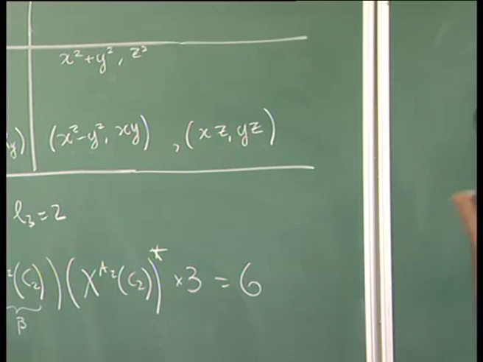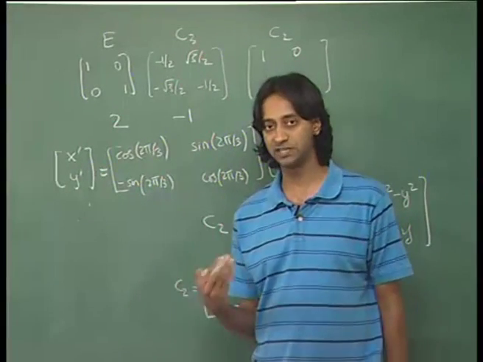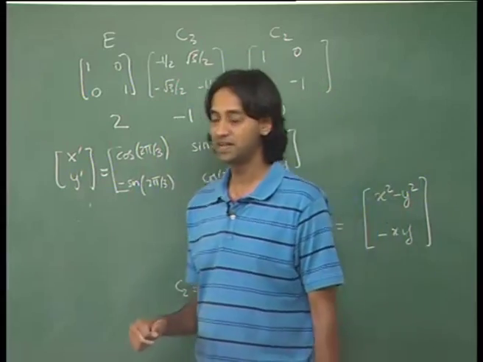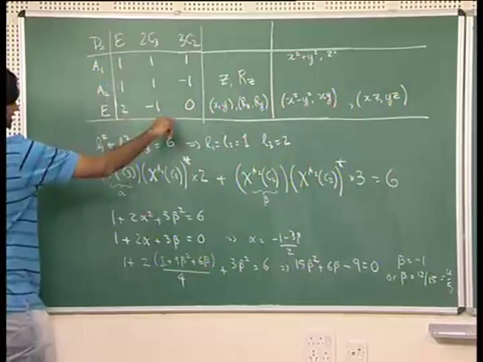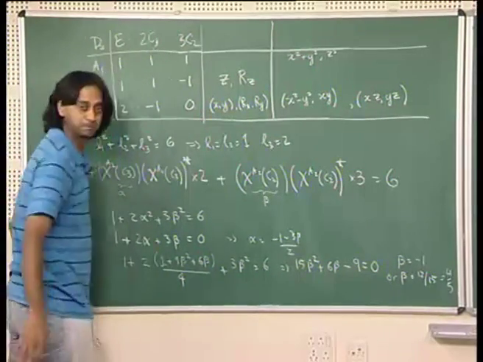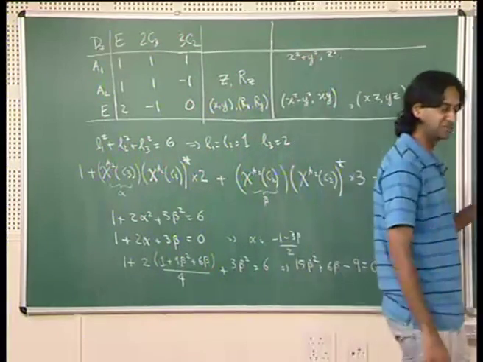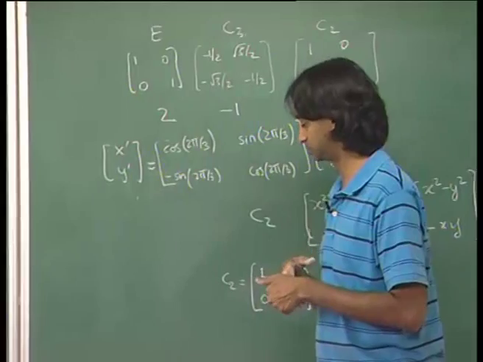So, this concludes the character table, and I urge all of you to go back and look at a character table of any group in any book and try to derive it step by step. And when I say derive, I mean all parts, not just the characters, but also these parts. If you have done it for one or two groups, then it is fairly straightforward to do it for all the other groups.